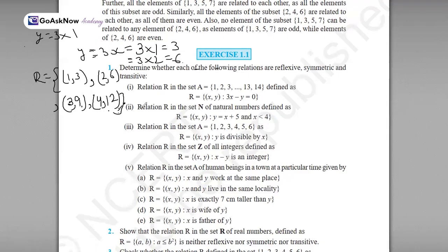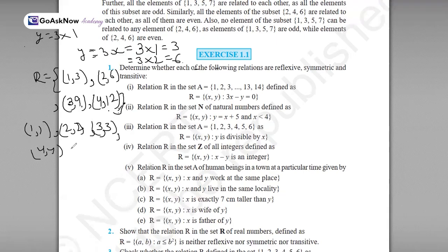Now I have to tell whether this is reflexive. In this there are elements like 1 comma 3, 2 comma 6, and so on. Can you see that 1 comma 1 is there in the set? No, it is not. Or 2 comma 2? No. 3 comma 3? No. 4 comma 4?